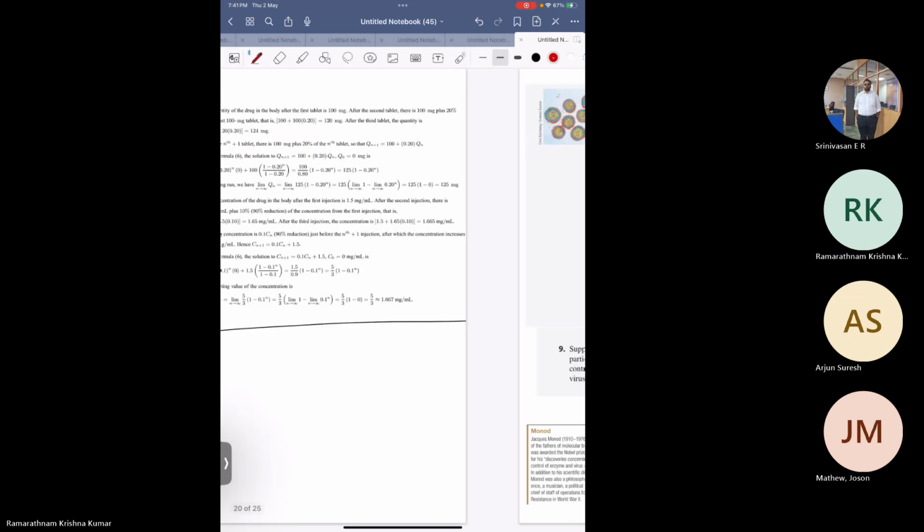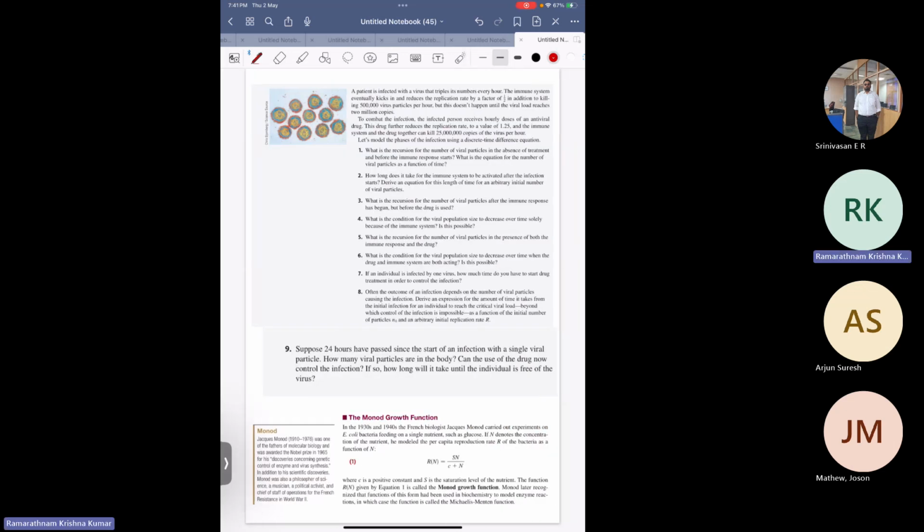Now, this problem, I would like you to attempt. That's the difficult one. Very interesting problem. As you go towards 6, 7, 8, 9, problems become more and more involved, not difficult.